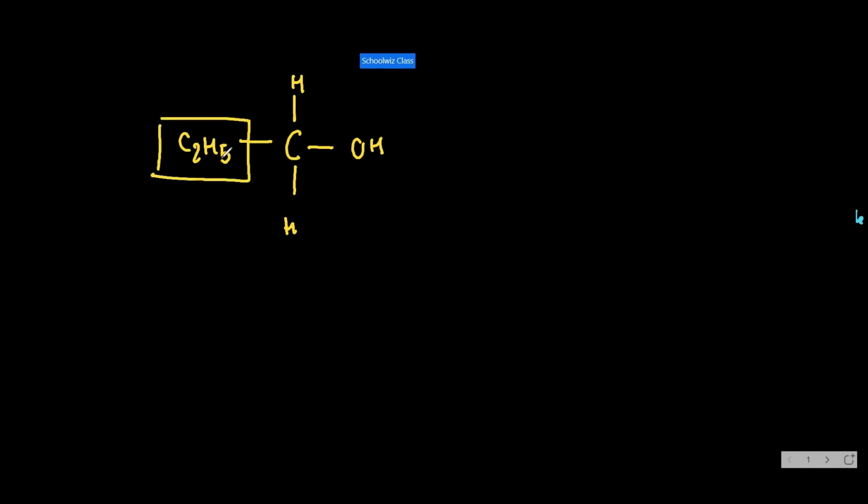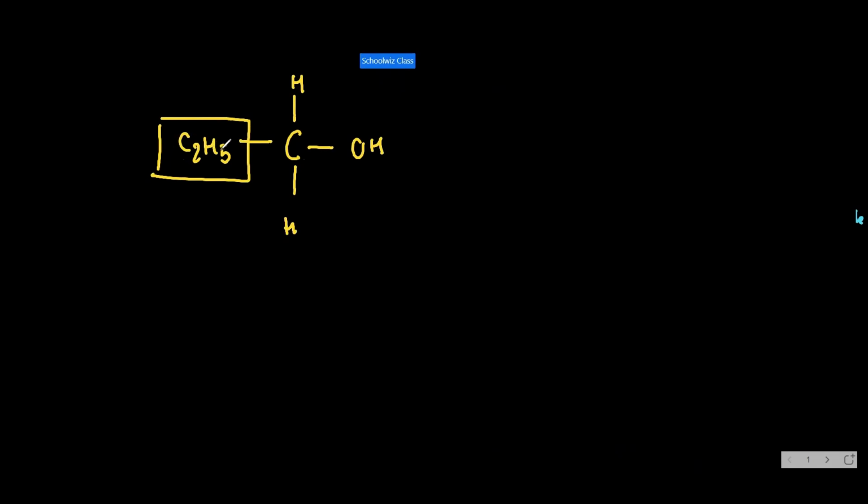Now, let's say you have a carbon, a hydrogen, another hydrogen, an OH bond, and an alkyl radical, C2H5, but it's on one side of the carbon, so it's still primary. Now you have this carbon-hydrogen bond, and they're not so polar. In order for polarity to exist between these two, there must be an electronegativity difference between them.